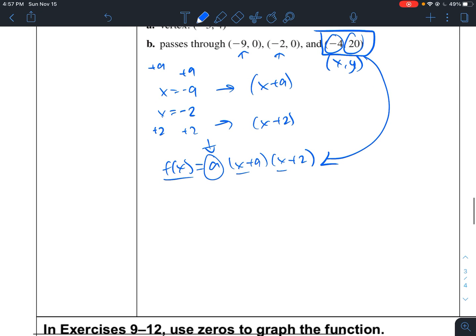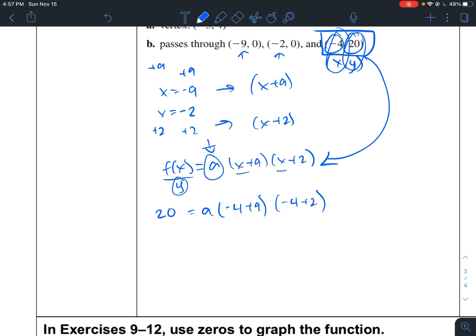So this is y, right? Let's replace that with 20, because that's what y is, is equal to a times x, which is negative 4. X is negative 4. Okay, so you see here that the only unknown variable now is a.